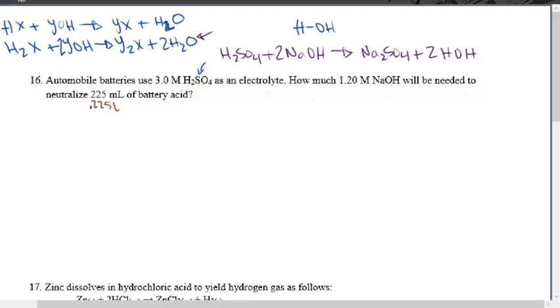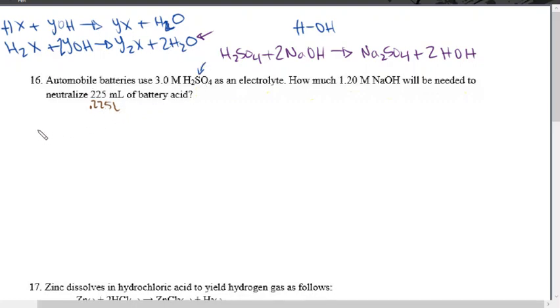And the reason you write HOH, because look, you get an H from here and an OH from here. So if I have two H's here, I'm going to need two OH's from here, which will give me two HOH's or two H2O's. Anyways, so your ratio is going to be 2-to-1 here.